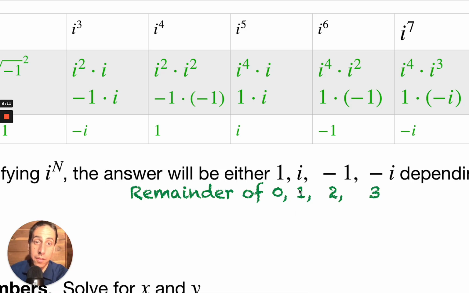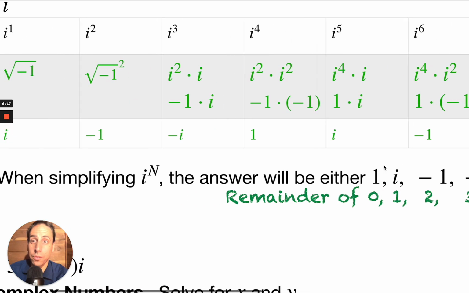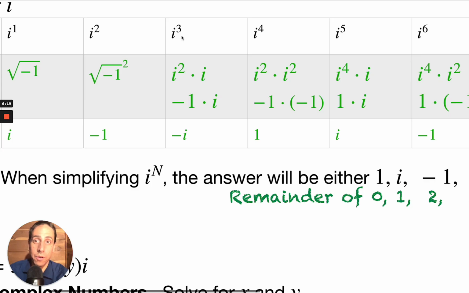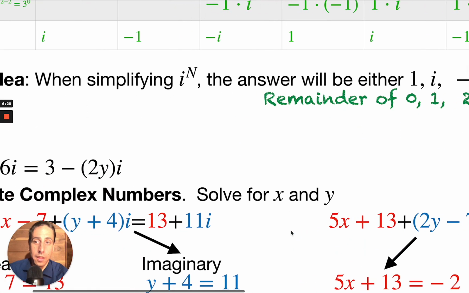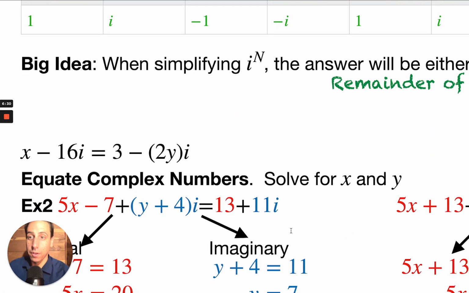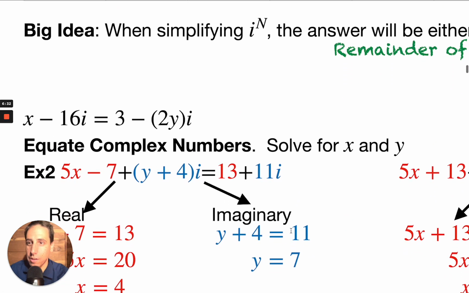If the remainder is 1, the answer is i. If the remainder is 2, the answer is -1. If the remainder is 3, the answer is -i. That still works for lower numbers, like 2 divided by 4 is 0, remainder 2, which is -1 here. Okay, so that's that. Remember to divide by 4 and focus on the remainders.